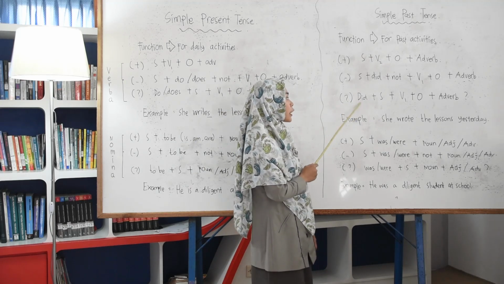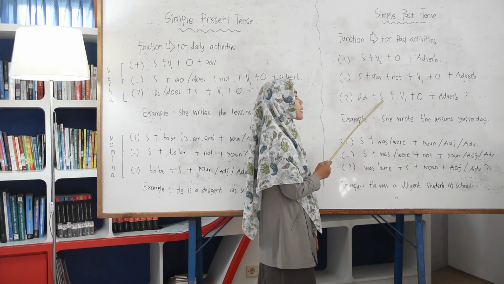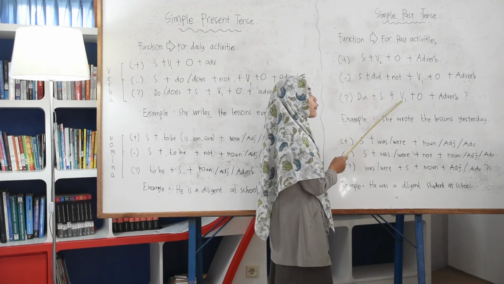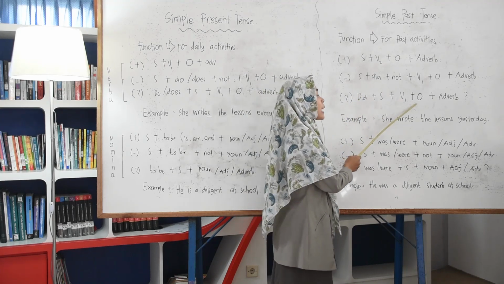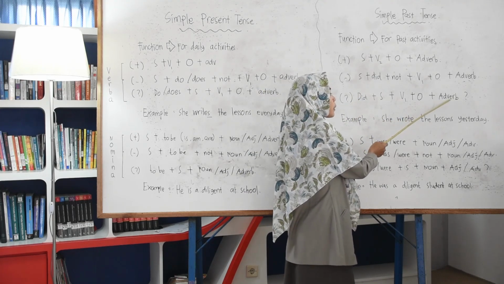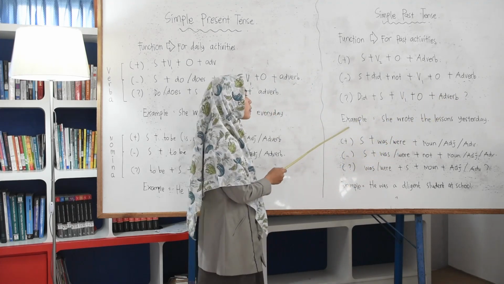you can give did in the beginning of the sentence, plus subject, plus verb 1, because there is did here, plus object, plus adverb. So don't forget to put interrogative punctuation.